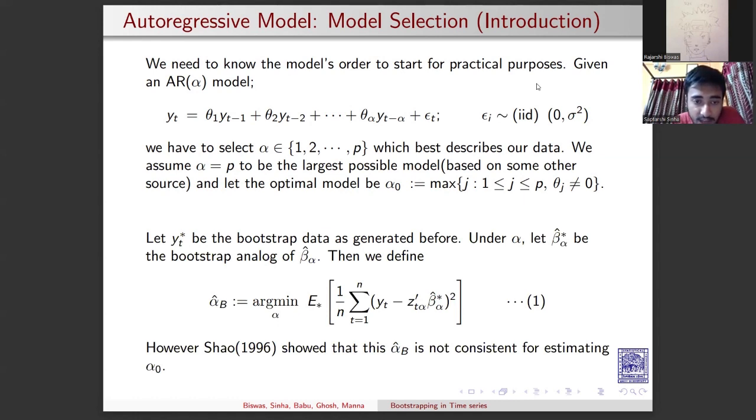Let y_t star be the bootstrap data as generated before using the residual bootstrap procedure. Now, under alpha, let beta hat star alpha be the bootstrap analog of beta hat alpha. We define the bootstrap estimate of the model as the minimizer of the conditional expectation of the residual sum of squares with respect to beta hat star alpha, which is given in equation 1.